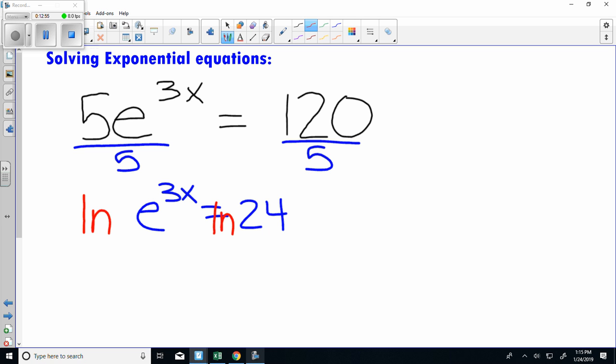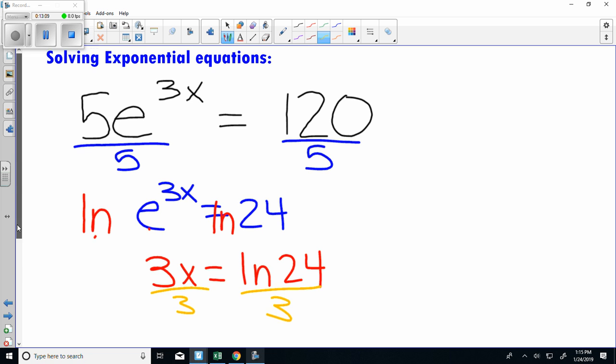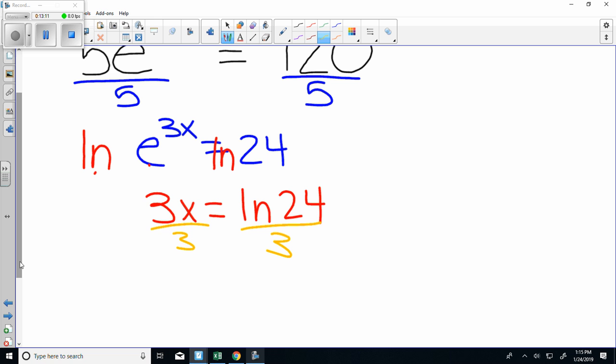Log with a base of e. ln and e go away, so you're left with 3x, and that equals ln of 24. And then finally, we divide by 3. So now you just type in ln 24 divided by 3, which is 1.059351277.